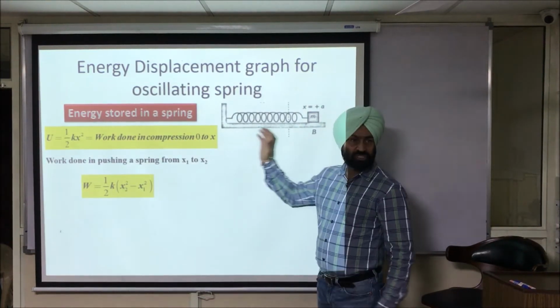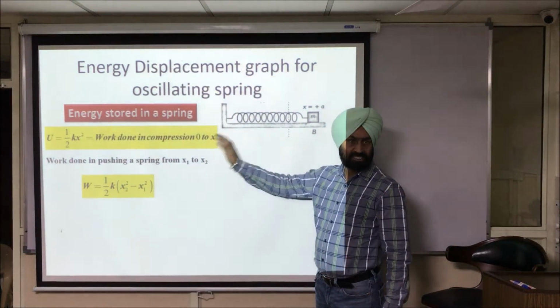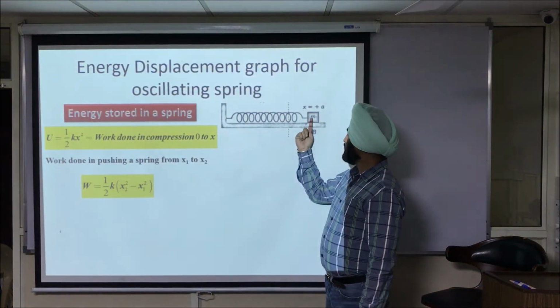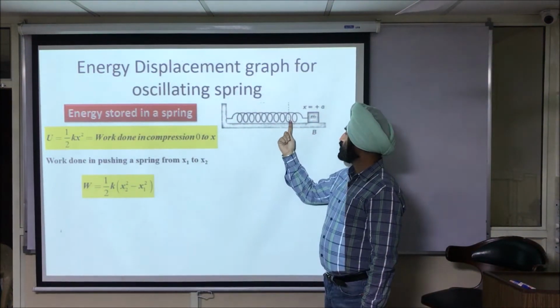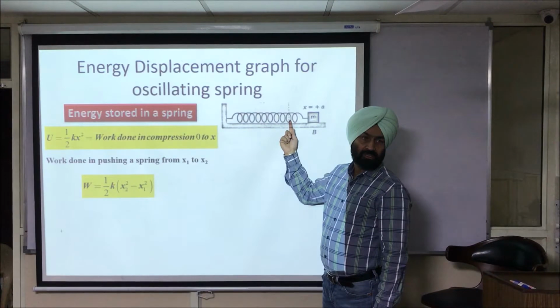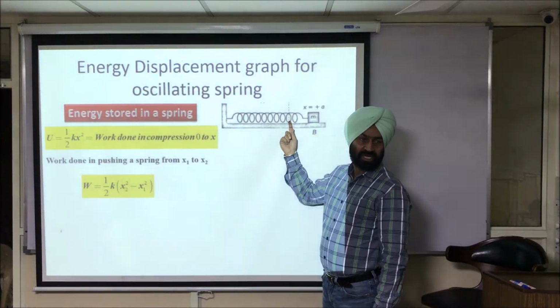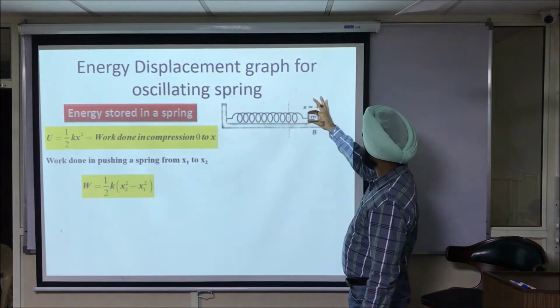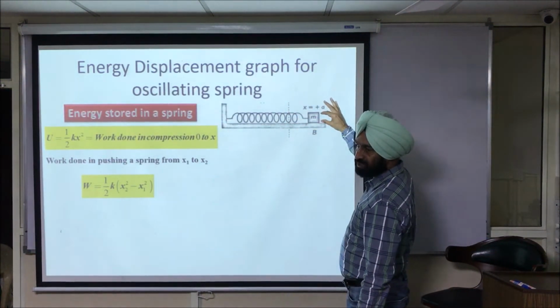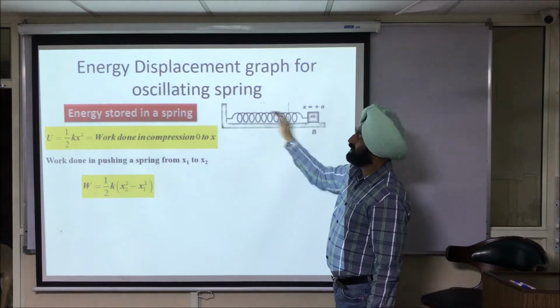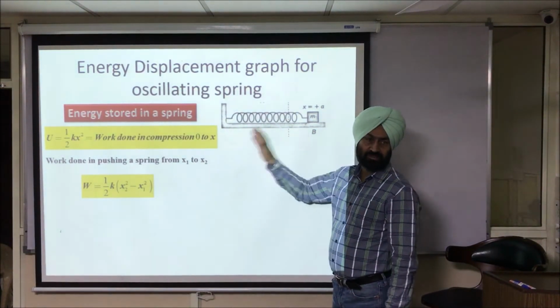In case of oscillatory motion, SHM, when the spring is at its equilibrium position, potential energy stored is 0 and all the energy changes into kinetic as you release it from a distance x equal to amplitude. It starts oscillating on a frictionless surface.